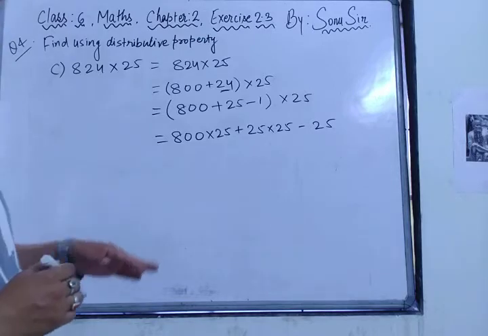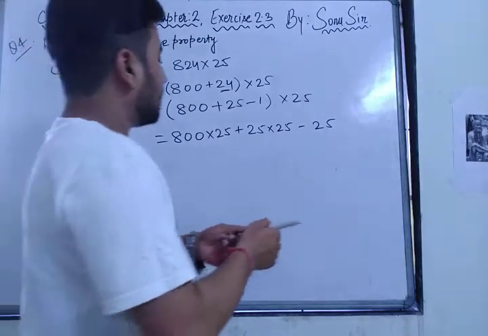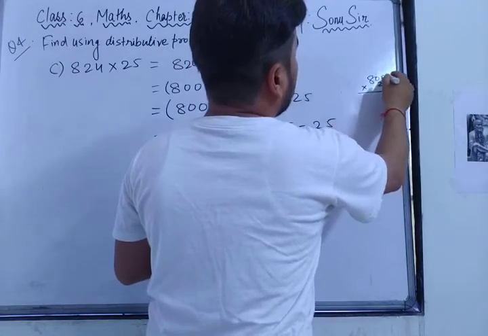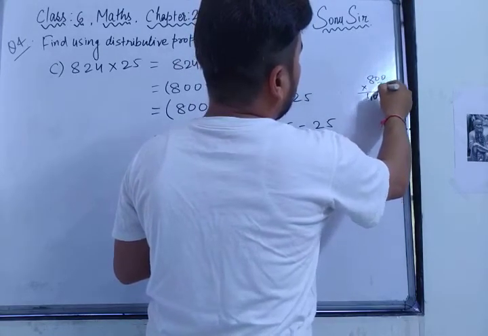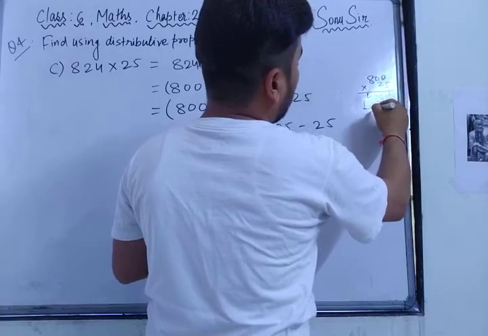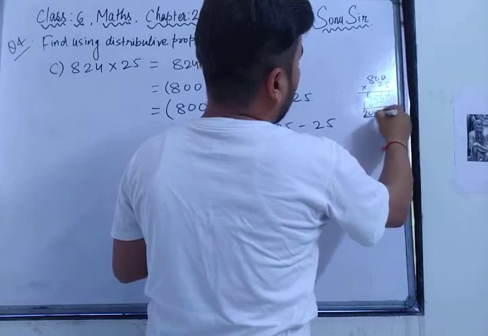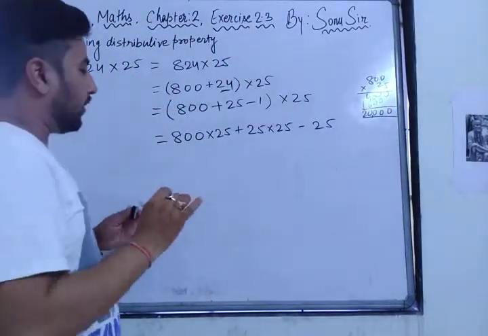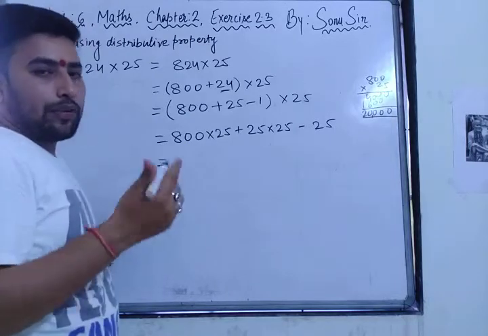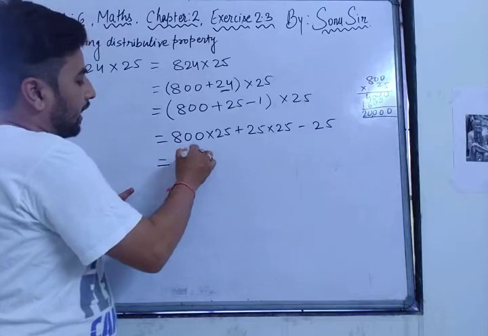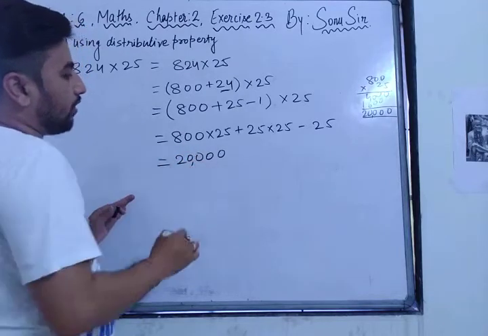If you don't know, then first of all multiply this 800 with 25: 0, 0, 8 into 5 is 40, 8 into 2 is 16, 20,000 will be the answer after multiplication. So 25, 8 is 200. First of all, directly consider 25, 4 is 100, so 25, 8 is 200, right? So 200 and 00 means 20,000, right?